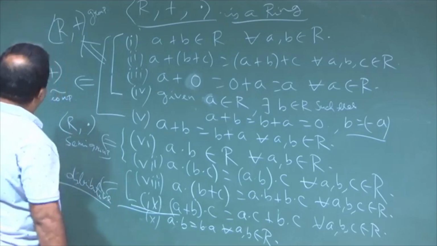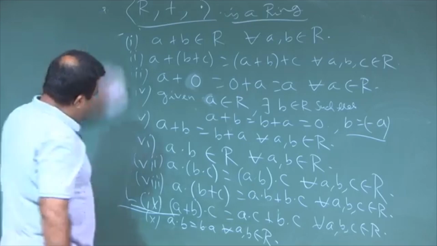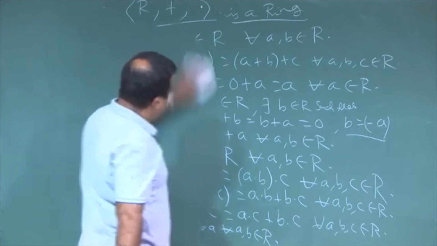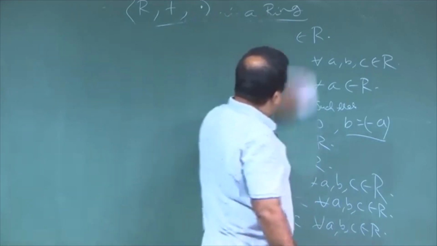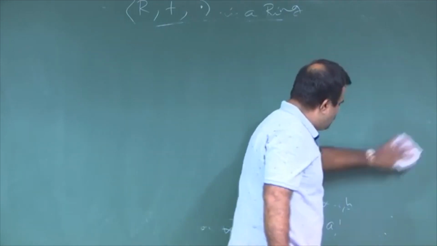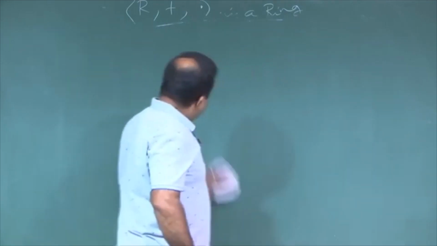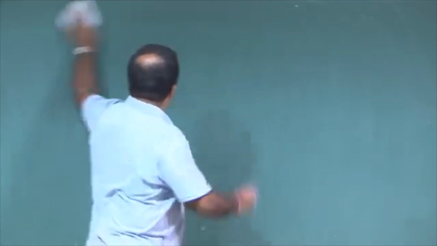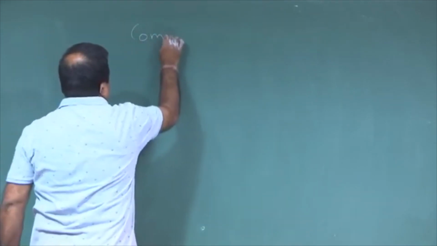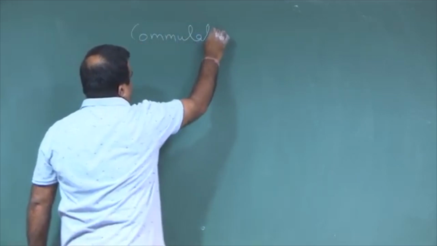Okay. And if it is a commutative ring, then the left distributive law and right distributive law are the same. So, you have only one distributive law.